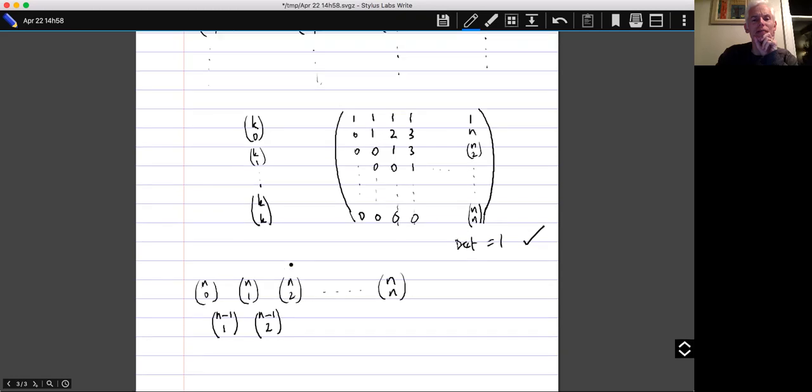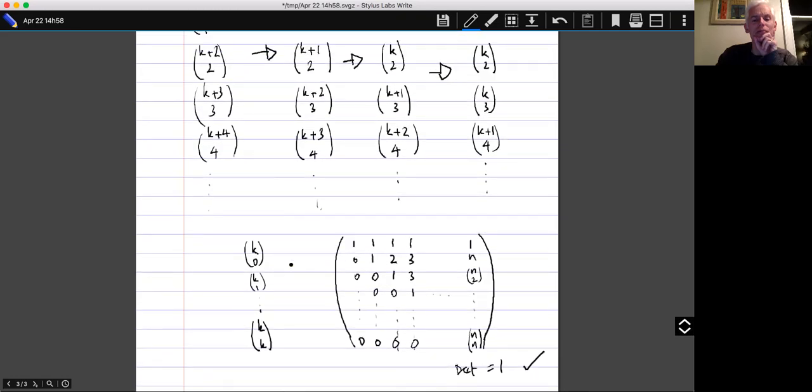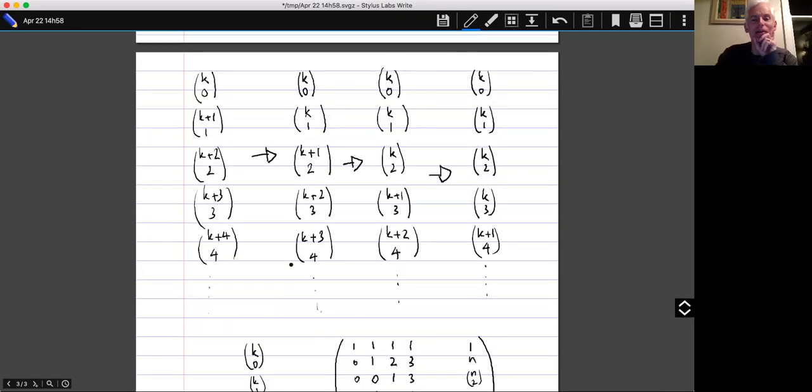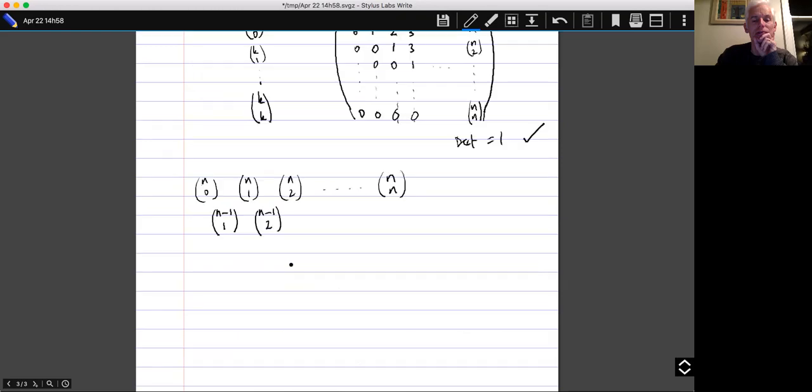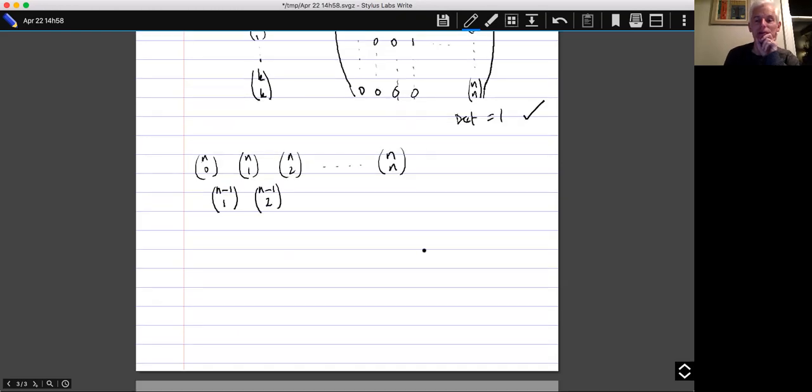I'm now worried that Vandermonde's theorem seems not to be the same as it was when I was doing it up here. What is Vandermonde's theorem? It's n choose k minus 1 plus n choose k. That's the number of ways.